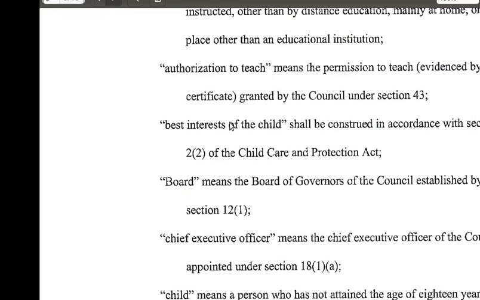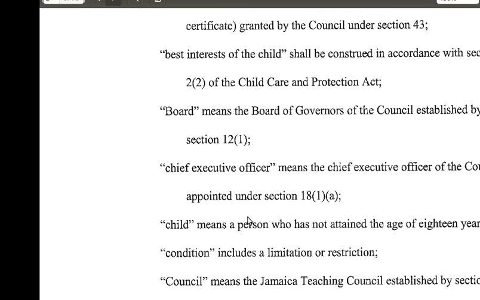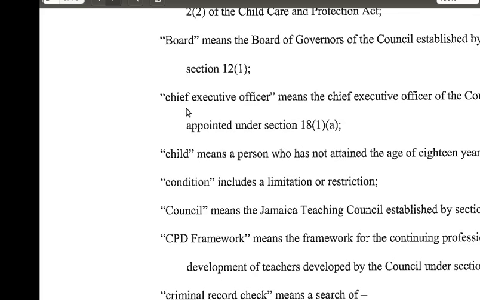Let's see what else is here now. "Board" means the Board of Governors of the Council established by section 12, subsection 1. Okay, we will see that when we come to it. "Chief Executive Officer" means the Chief Executive Officer of the Council appointed under section 18, subsection 1A.